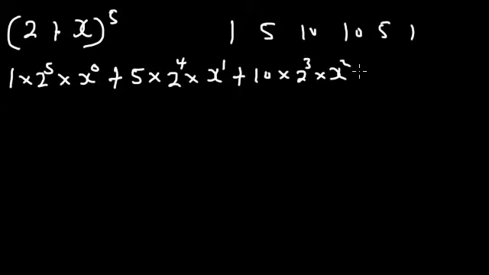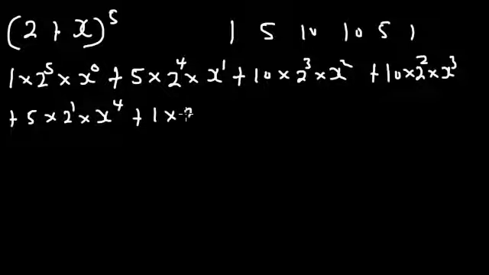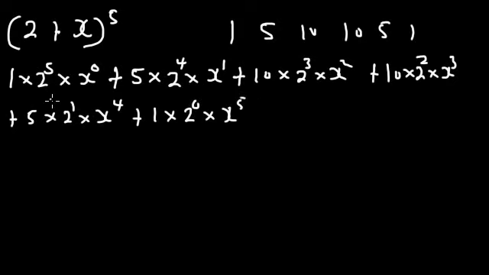This becomes 3, this becomes 2, plus another 10 times 2 times x. This becomes 2, this becomes 3. Again plus 5 times 2 times x. So this becomes 1, this becomes 4, again plus 1 times 2 times x. Now this becomes 0 and this becomes 5. Perfect. As you can clearly see, it ends with the exponents. So that shows that you're on the right track.